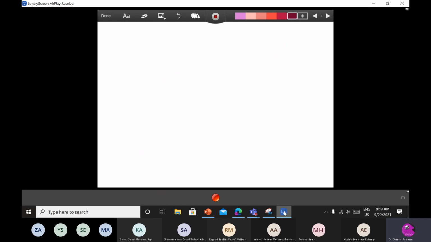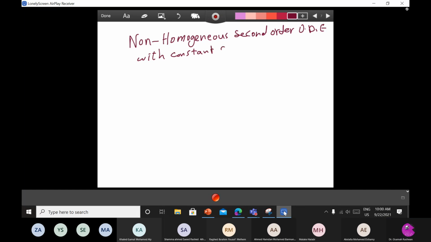Let's go to the second type of differential equation. Yes, it is non-homogeneous second order ordinary differential equation with constant coefficient.